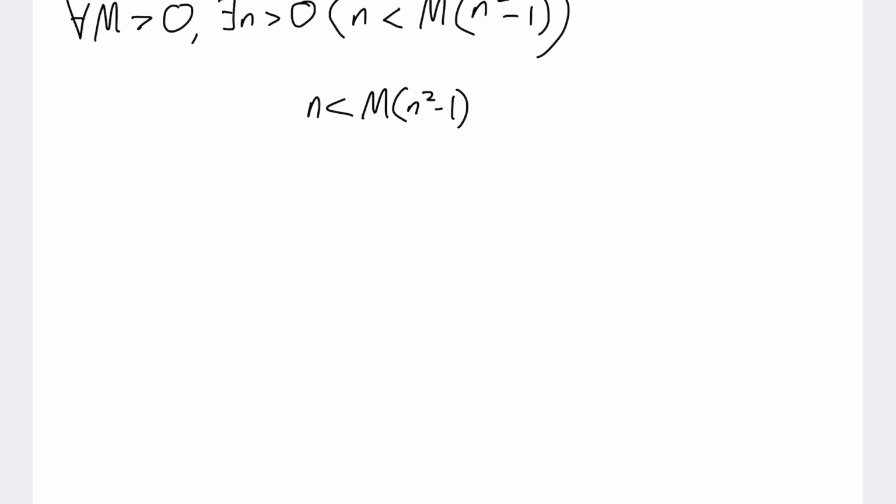Here's the trick that we're going to show off this time. I'm going to factor out a large term of the more complicated side, and that's going to help me simplify it.